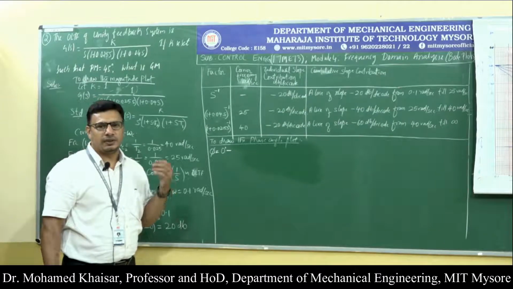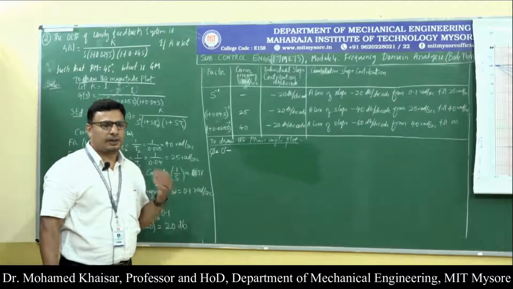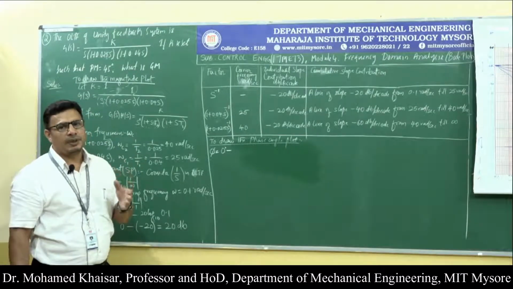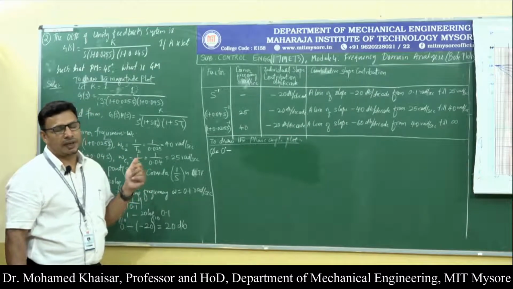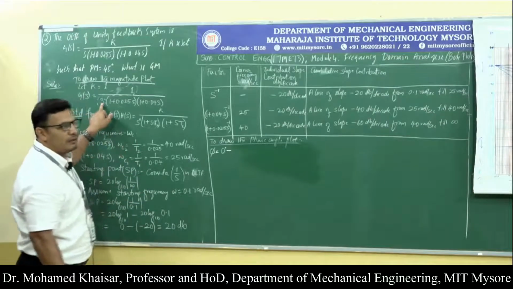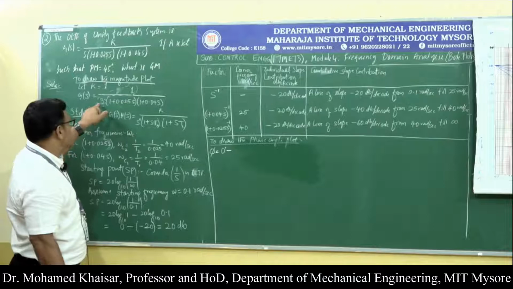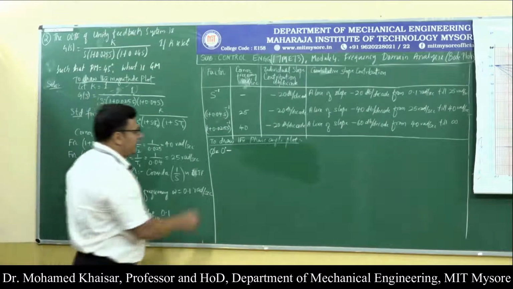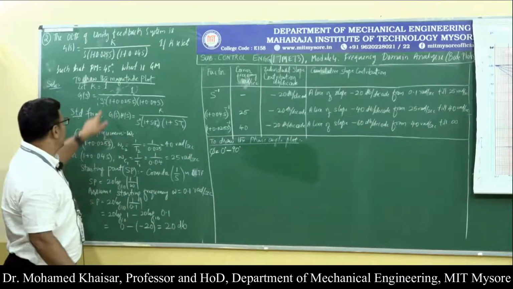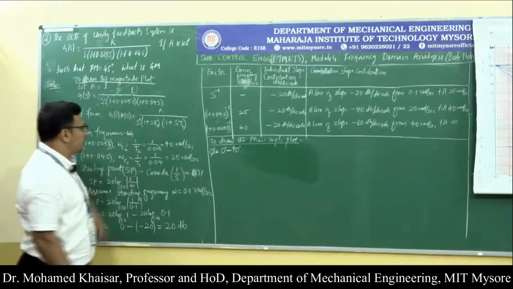Anything by 0 is infinity, 0 by anything is 0. So, omega by 0 means it will be infinity. So, tan inverse of infinity will be 90 degrees. So, for this the phase angle will be 90 degrees, and since this is in the denominator, it will be minus 90 degrees. Then again in the denominator 2 more terms are there.